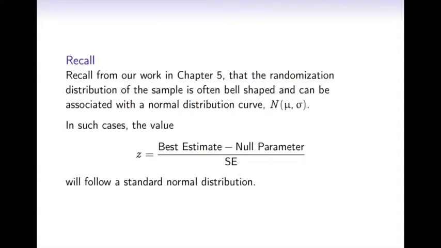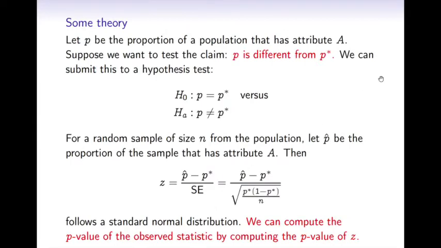All right, let's see what this looks like in the special context of a hypothesis test for a single proportion. Here's the setup. Let p be the proportion of a population that has attribute A. Suppose we want to test the claim p is different from p star. Let me stop here and say think of p star as some fixed number like 0.5.